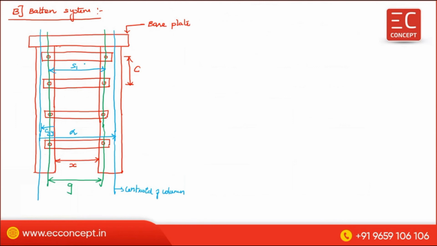Okay. Now we are going to write some points one by one. First one, X is equal to clear spacing between column component.